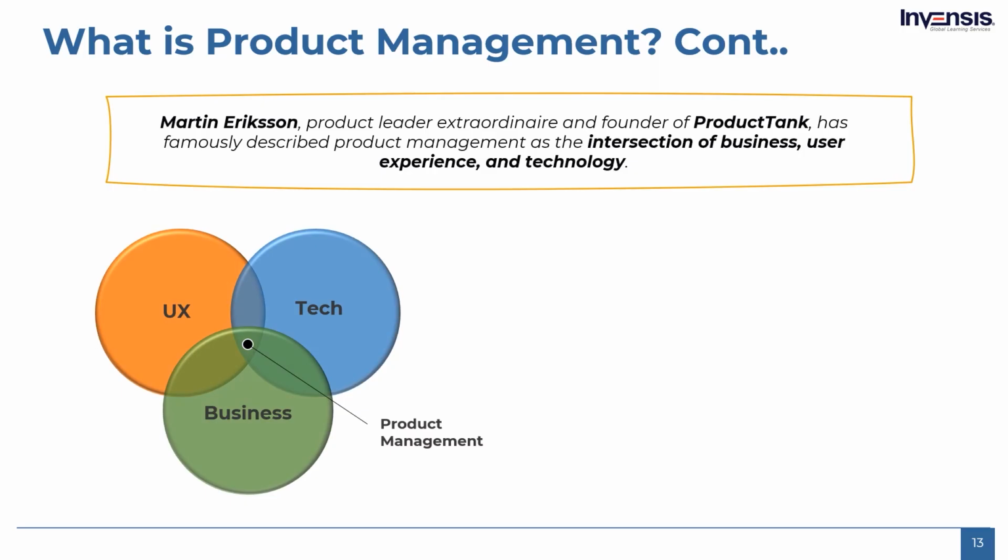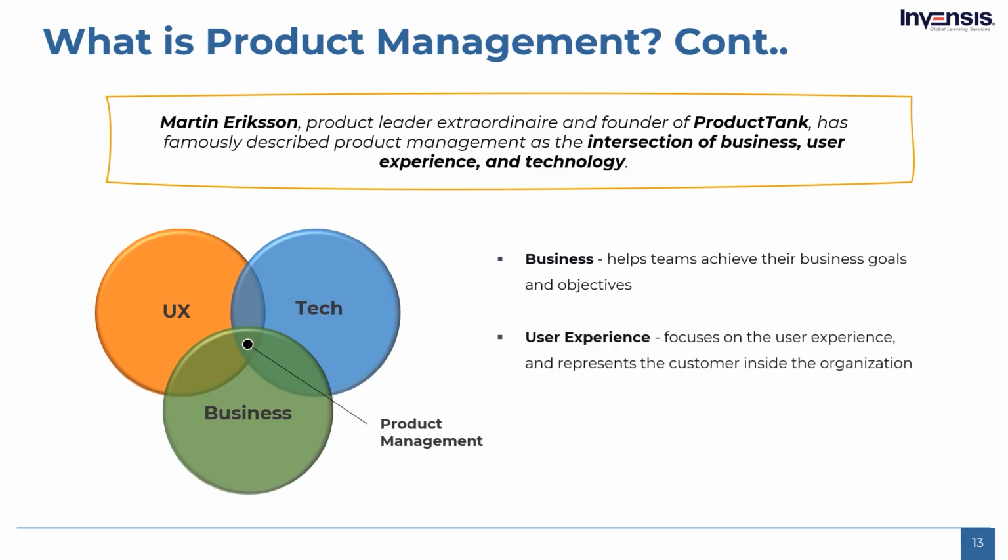Martin Eriksson, product leader extraordinaire and founder of ProductTank, has famously described product management as the intersection of business, user experience, and technology. What do these terms mean actually? Business. Here, product management helps teams achieve their business goals and objectives by bridging the communication gap between design, dev team, the customer, and the business itself. Next, the UX.